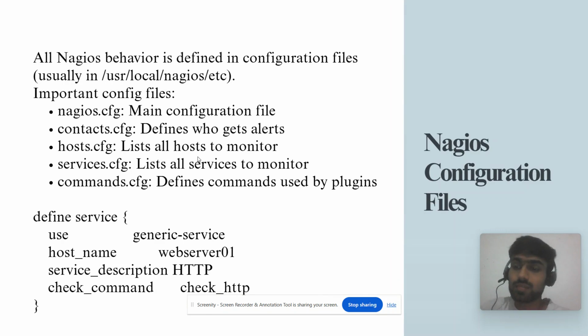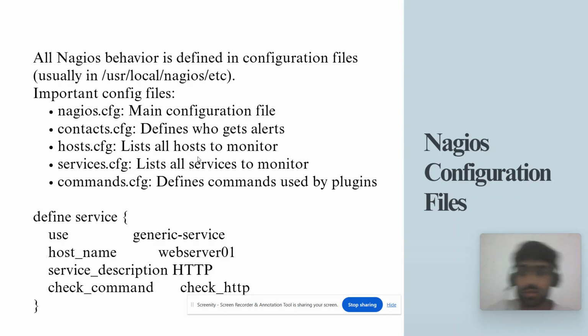Then there are some important Nagios configuration files. All Nagios settings are defined in plain text files, which are usually found in the path /usr/local/nagios/etc. In the coming video, we will see this in detail. For now, just keep in mind the key files. nagios.cfg is the main configuration file.